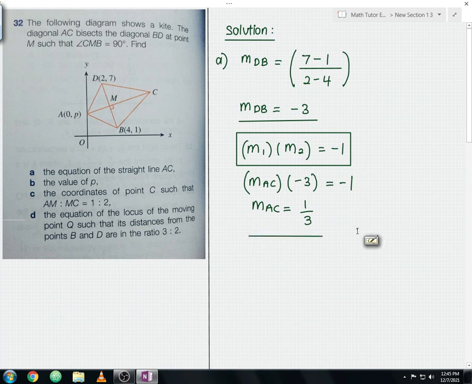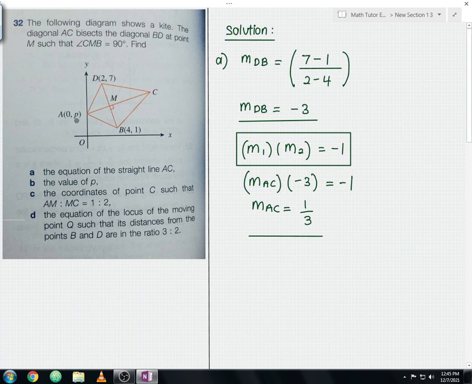Okay, so let me underline this. Once we get the gradient of the straight line AC, the next step is we need to find the coordinate of M. Then you can ask me, why don't we use the point A in order to calculate the equation of the straight line AC? The explanation is very simple. The point A is actually incomplete, guys.